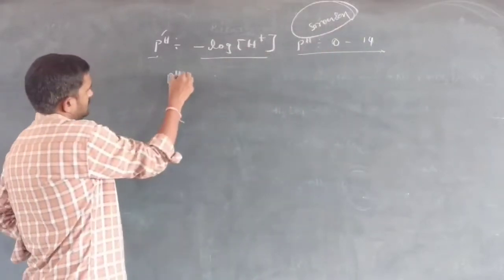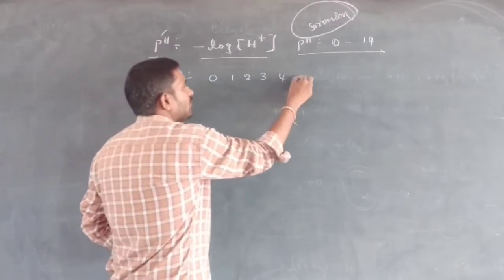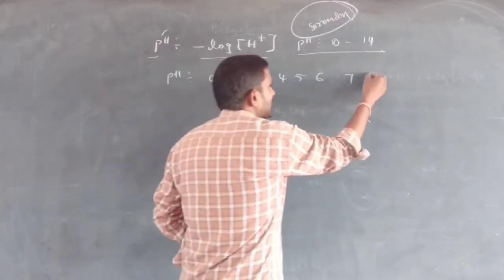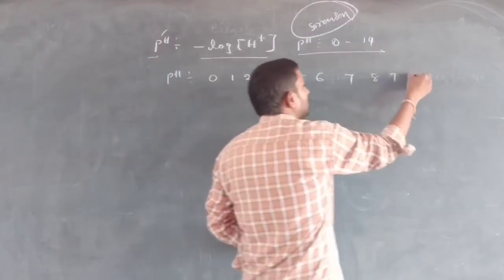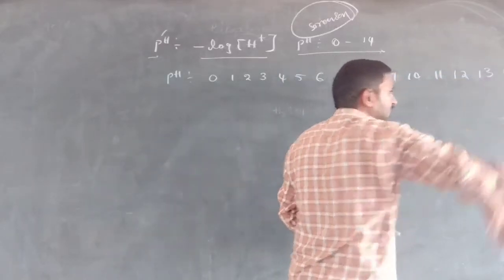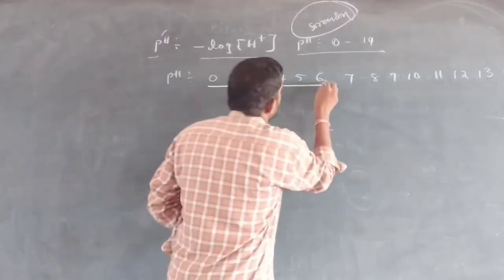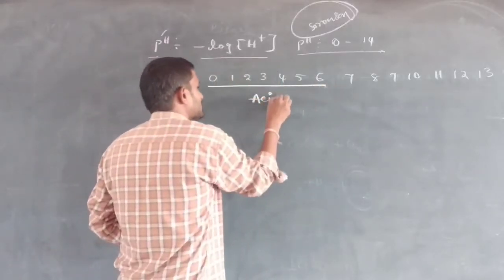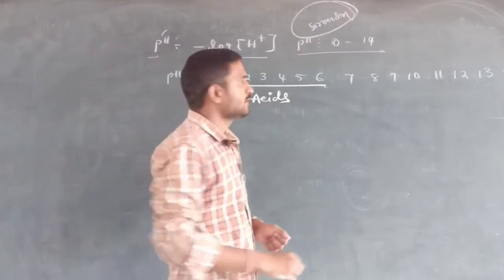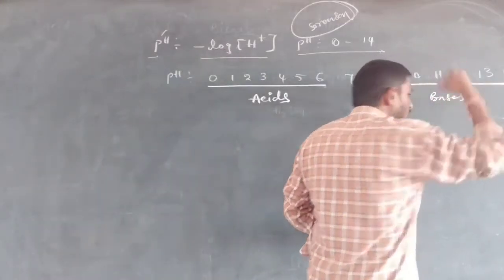Suppose pH 0, 1, 2, 3, 4, 5, 6, 7, 8, 9, 10, 11, 12, 13 and 14. Here pH 0 to 6 is acids, we already know. pH 8 to 14 is bases.